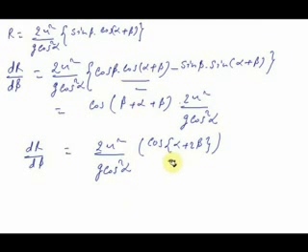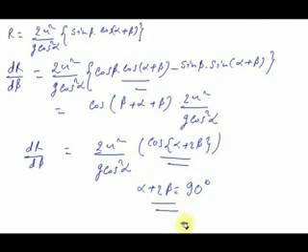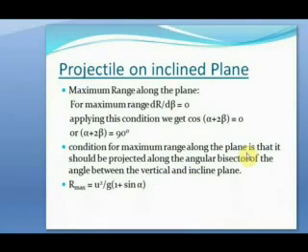So for maximum range, dr by d beta should be equal to 0, that is cos alpha plus 2 beta should be equal to 0, or alpha plus 2 beta should be equal to 90 degree. So this is the condition for the range to be maximum. So from here we can get the value of angle beta. This will be 90 degree minus alpha by 2.